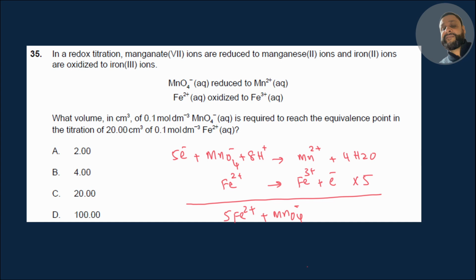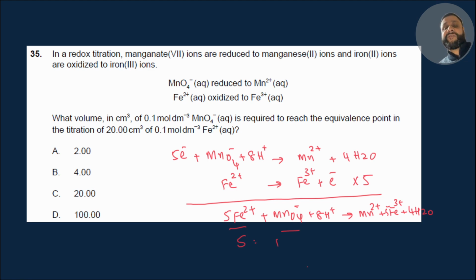So we will have 5Fe2+, plus MnO4-, plus 8H+. On the product side, we will have Mn2+, plus 5Fe3+, plus 4H2O. If you look at the ratio between Fe2+ and MnO4-, it is 5:1. What volume of 0.1 mol per dm³ MnO4- is required?